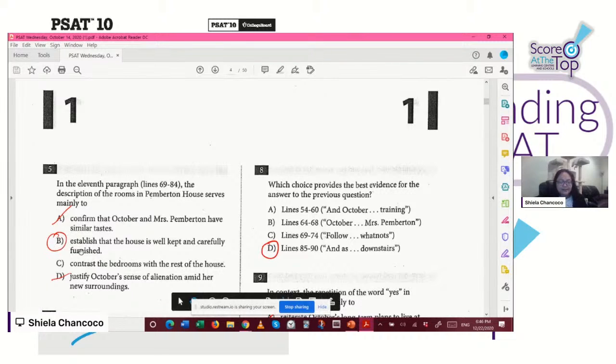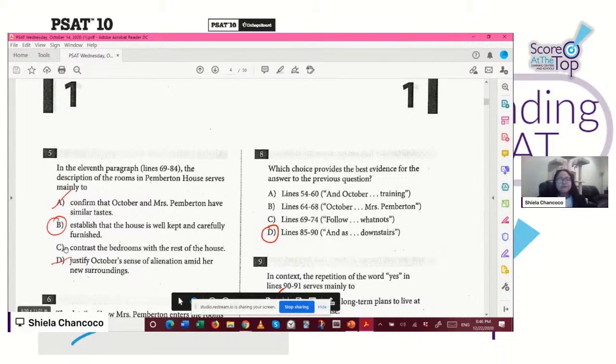We know it's B, but just look at the rest of the answer choices and eliminate them, so that you have a for sure answer. Contrast the bedroom with the rest of the house. They talked about the house a lot. They didn't really try to contrast it because it was the same, right? The house and the bedrooms were designed the same. So that one is completely out of the picture.